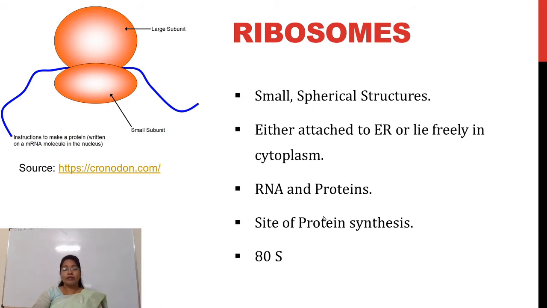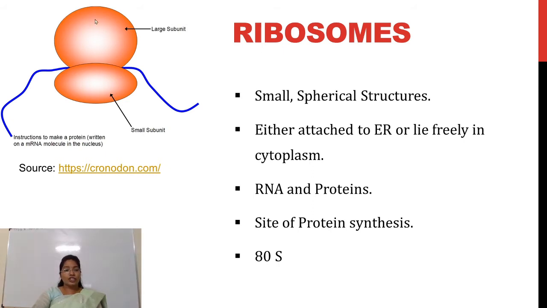The basic difference between ribosomes in prokaryotes and eukaryotes is that in prokaryotes ribosomes are 70S, and in eukaryotes, ribosomes are 80S. S means sedimentation coefficient.